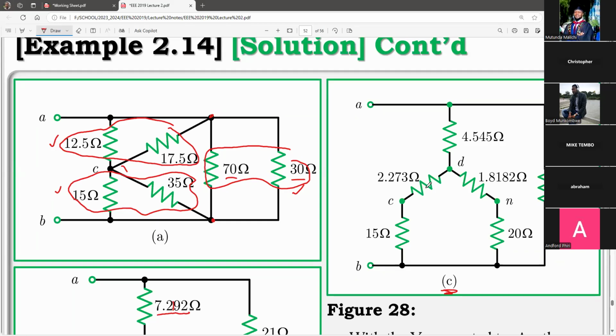Then the ones that I was saying, series to 15, these two are in series, these two are in series. Once you solve this series combination, they are connected in parallel. Parallel combination connects in series to this one. Then when you have that equivalent again, it will be parallel to the third there.